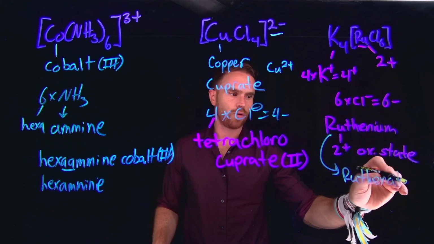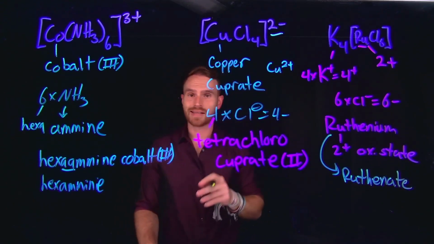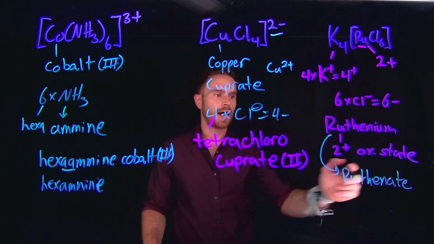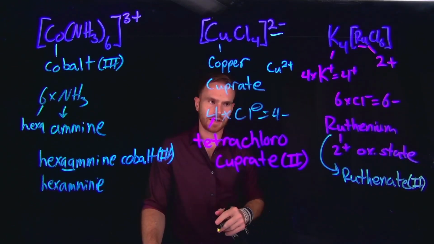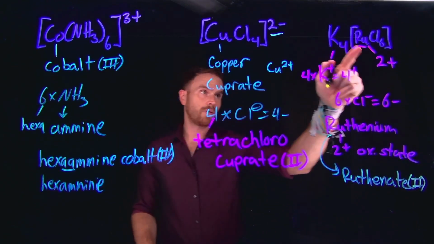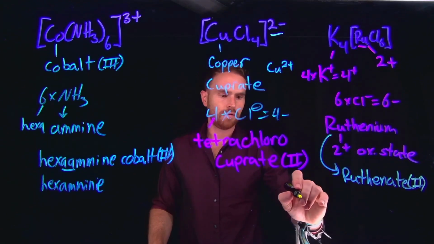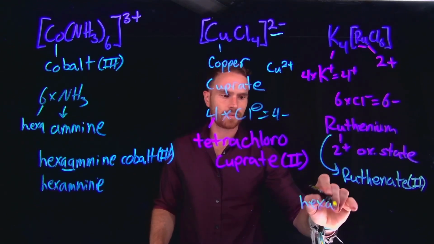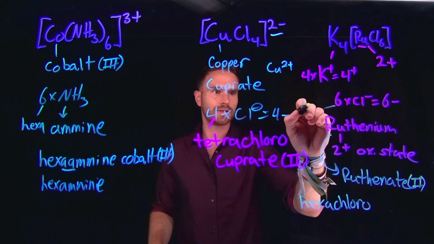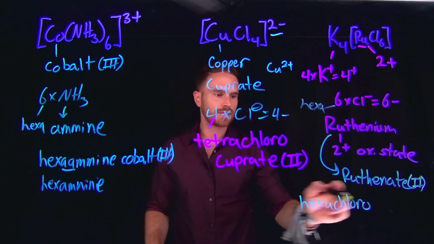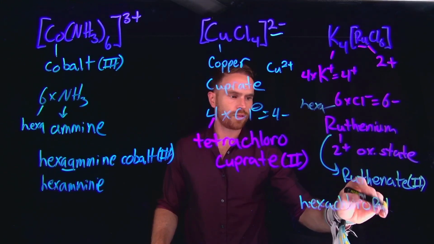Remember, the ending for negatively charged complex ions has to be changed to ate, and I will put in the 2+ as a Roman numeral to indicate the oxidation state. All right, so how do I name this part right here by itself? So that is hexachloro, because I have 6, hexachloro ruthenate(II).